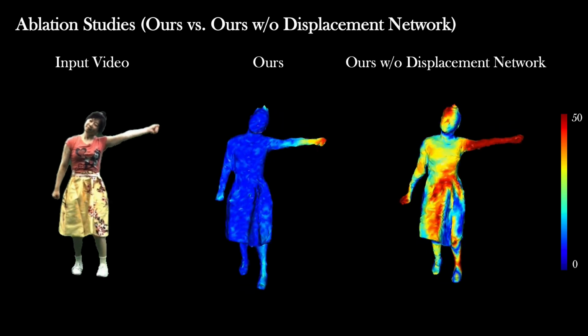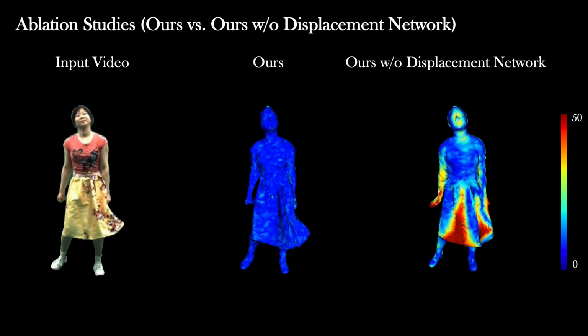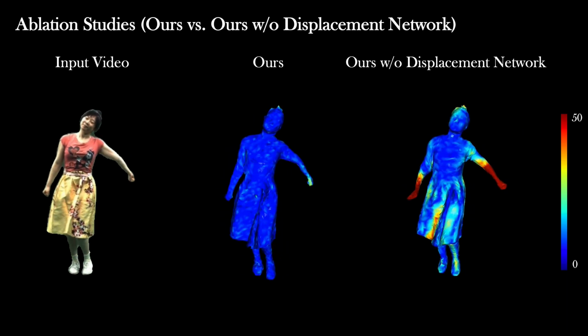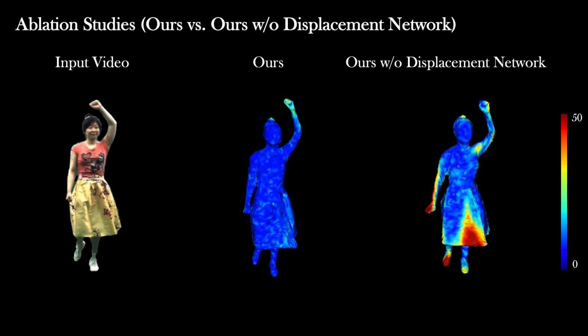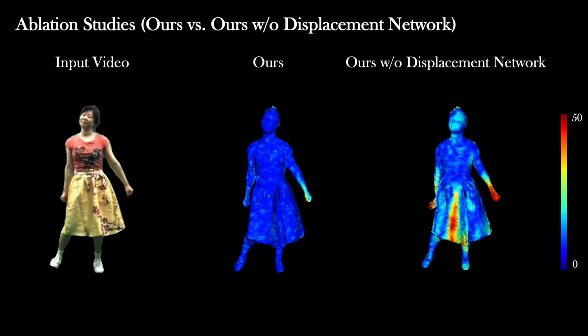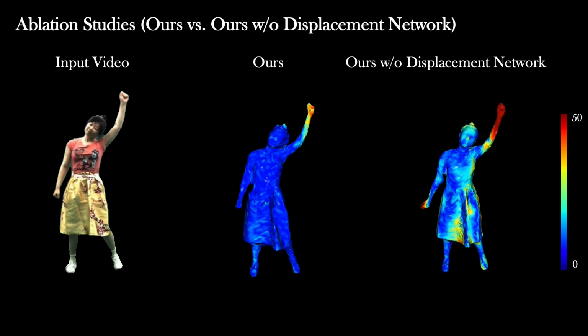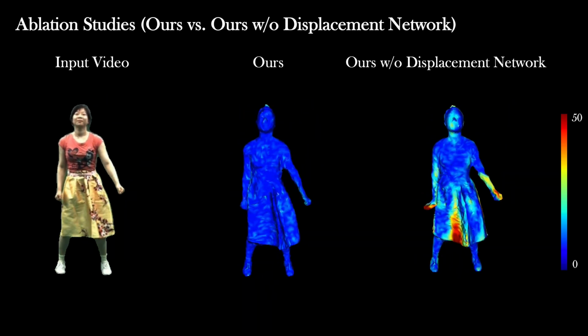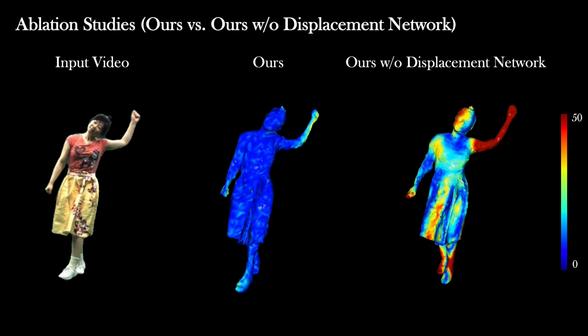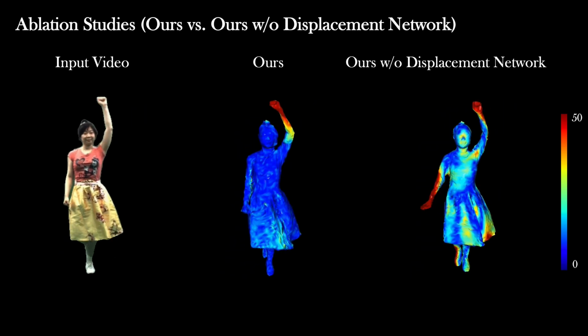We next compare our method to a baseline that does not use dense per-vertex displacement. Note how our dense displacement term recovers much richer surface details compared to the ablated version, for example, the moving wrinkles of the clothing.